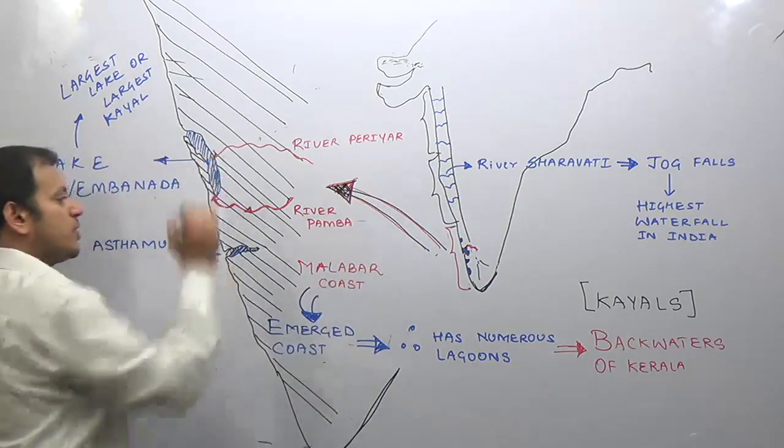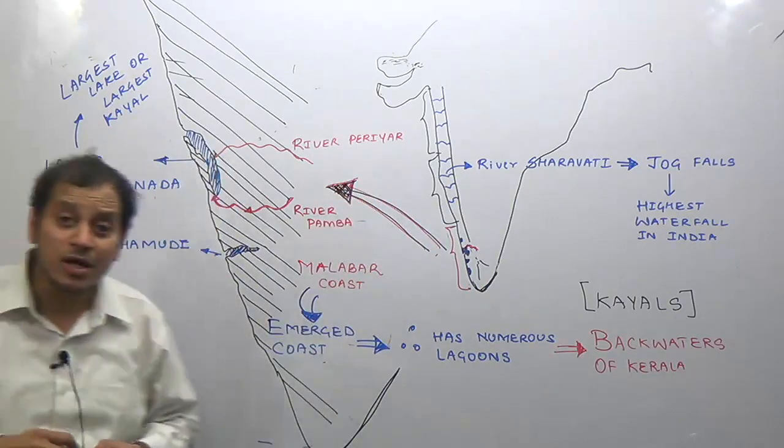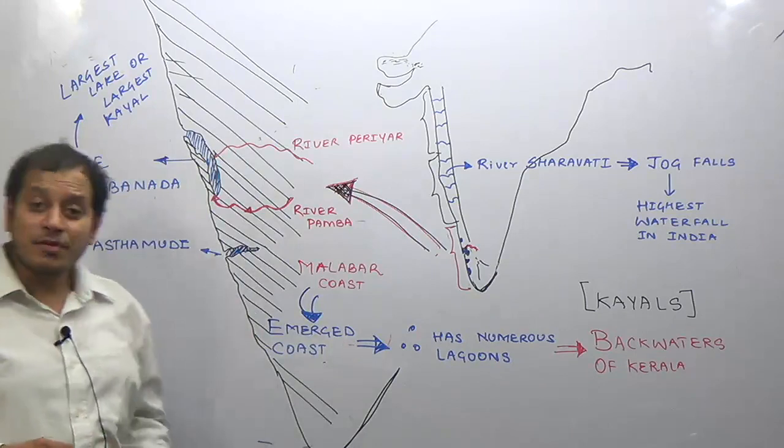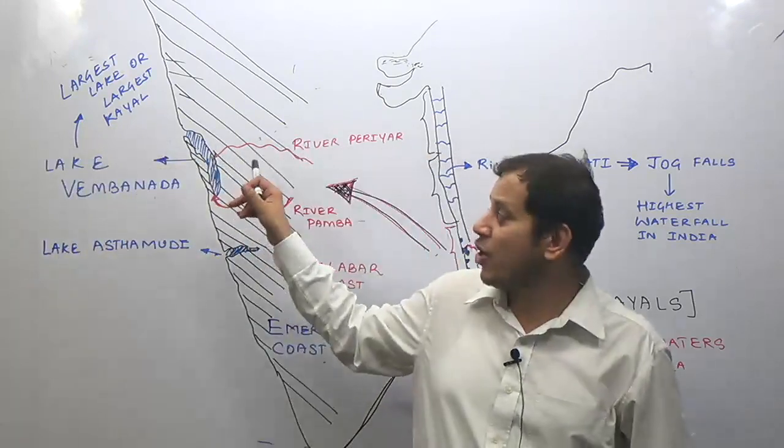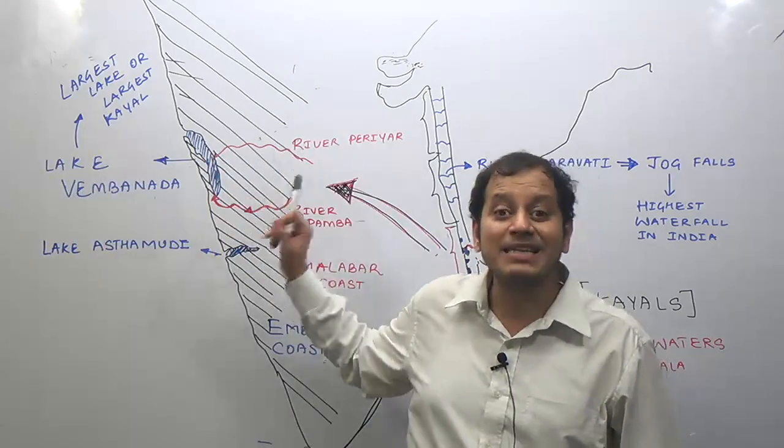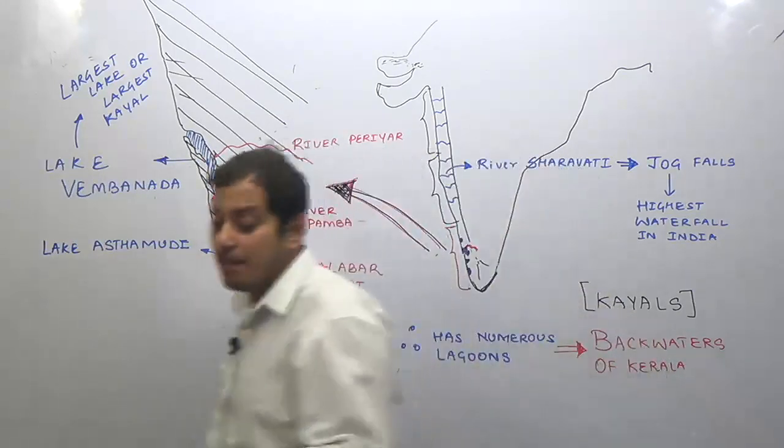Lake Vembanad is to the north, Lake Ashtamudi is to the south, and some of the rivers of Kerala drain into Lake Vembanad. One is the longest river of Kerala, Periyar, and the other is the river Pambiyar.